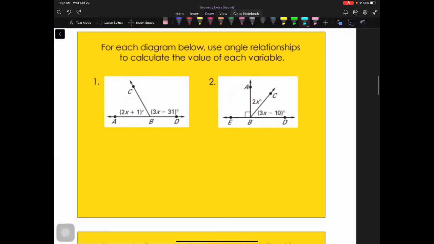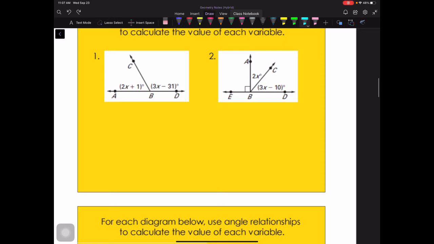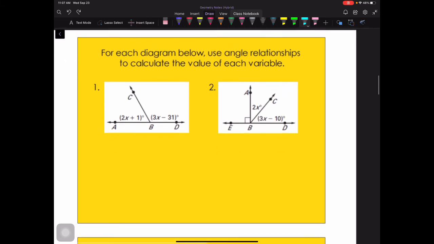For each diagram below, we use angle relationships to calculate the value of each variable. So we have angle ABC and CBD. It looks like they are forming a straight line. A straight line is 180 degrees. Those would be supplementary angles.